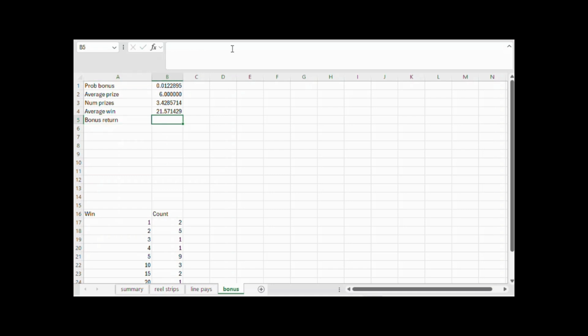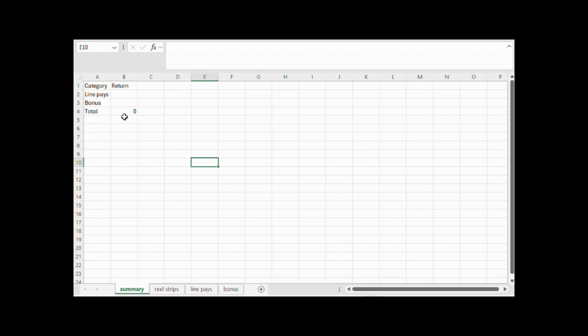So the return from the bonus is going to be the probability of triggering the bonus times the average win. This is telling us that 26.5% of all money that the player bets is going to come back to him in the form of bonus wins. So we're just about done here. I created a summary sheet to summarize just the 2 ways the player can win.